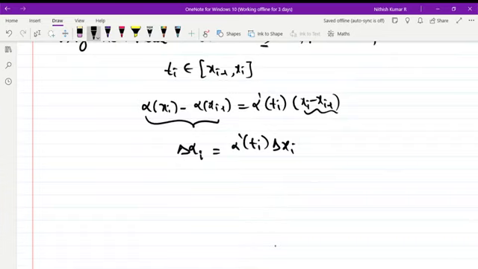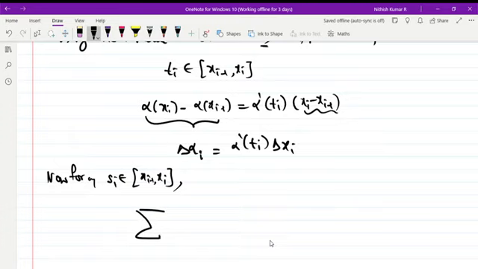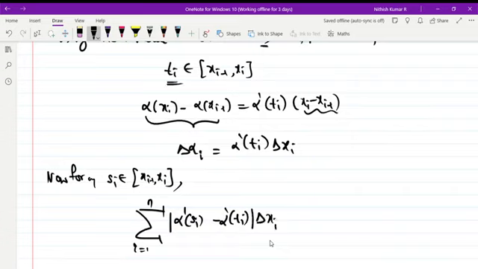Now for any si belonging to the closed interval xi minus 1 comma xi, consider summation i is equal to 1 to n modulus of alpha dash of si minus alpha dash of ti into delta xi.